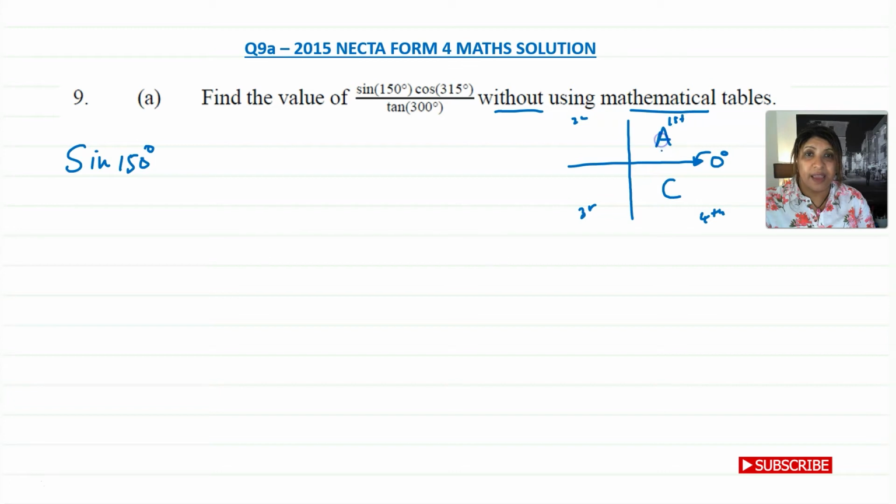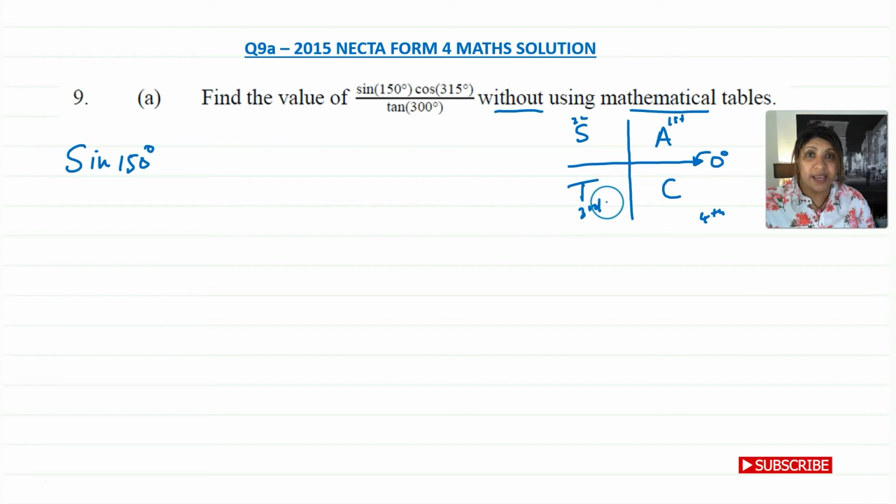In the first quadrant, everything is positive. Here, sine is positive, everything else is negative. And here we have tan, so that is our CAST. Tan is positive in the third quadrant. Everything else is negative in that quadrant.